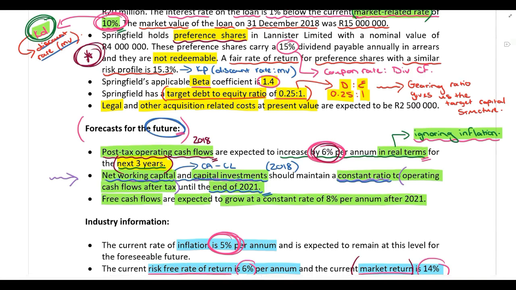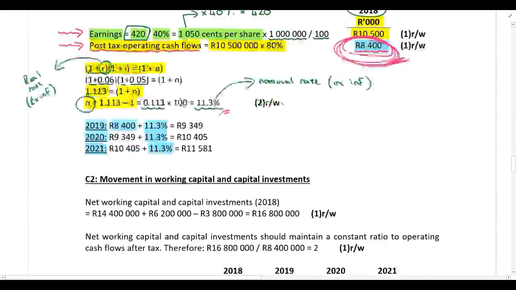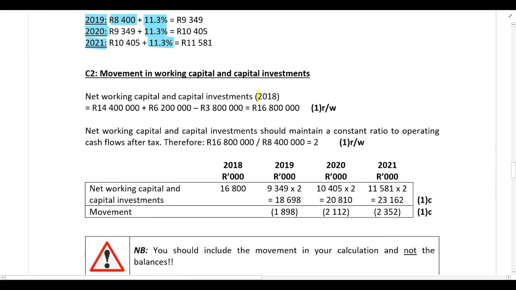So, let's first calculate net working capital and capital investments for 2018. So remember, net working capital is just your current assets minus your current liabilities. So that deals with the net working capital. And your capital investments is property, plant, and equipment. So that is net working capital and capital investments for 2018.